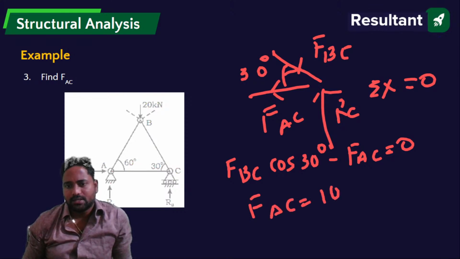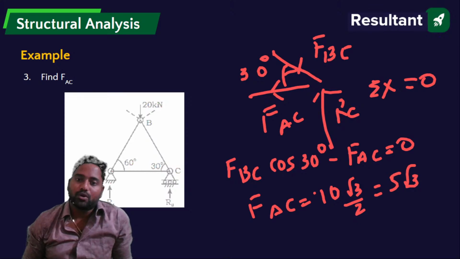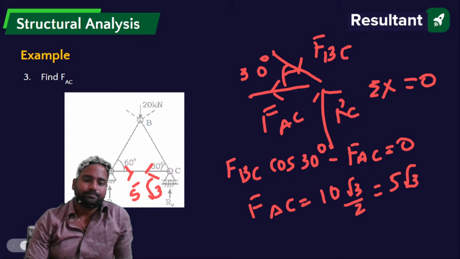FBC is 10, cos 30 is root 3 by 2, so you can write this as 5 root 3. Positive, so the assumed direction is correct. Assumed direction is away from the joint, and away from the joint means tension. So force in AC would be equals to 5 root 3.